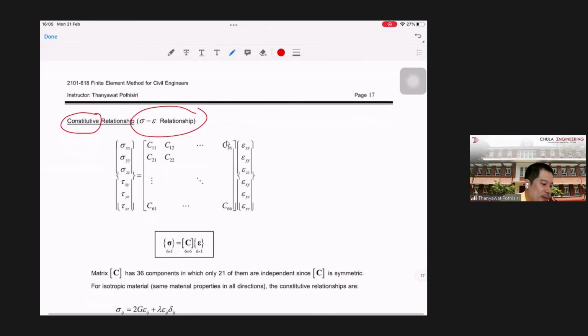This relationship can be constructed by looking at all the independent stress and strain components. Now, in a stress matrix and a strain matrix, you have a total of nine components, right? But 6 of them are independent because the matrix is symmetric. So based on symmetry, you only have 6 independent components for stress and for strain. So you can write this relationship as this equation right here.